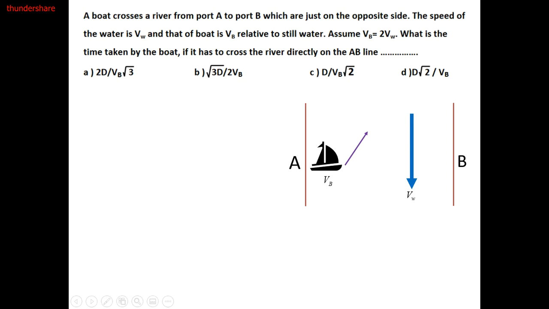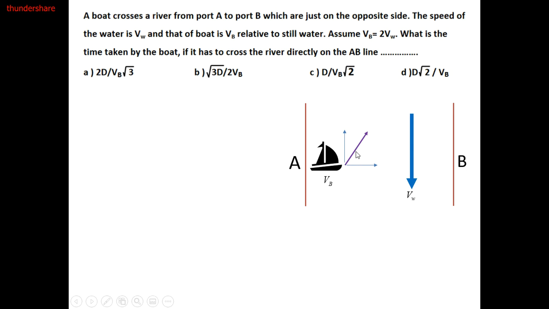Do you understand? And of course, as you know, this direction has two components, x and y, so it will go horizontally and at the same time vertically. But as I mentioned, it must not go vertically, so this component must be equal to this component so they cancel each other, and only the horizontal velocity remains so that it can go directly to B. Do you understand?